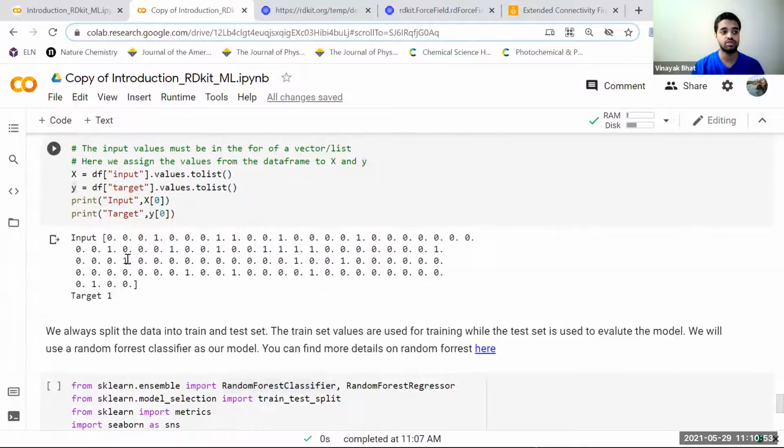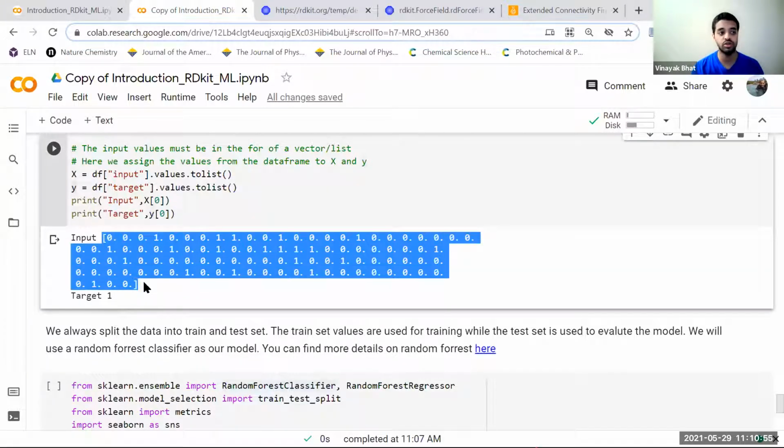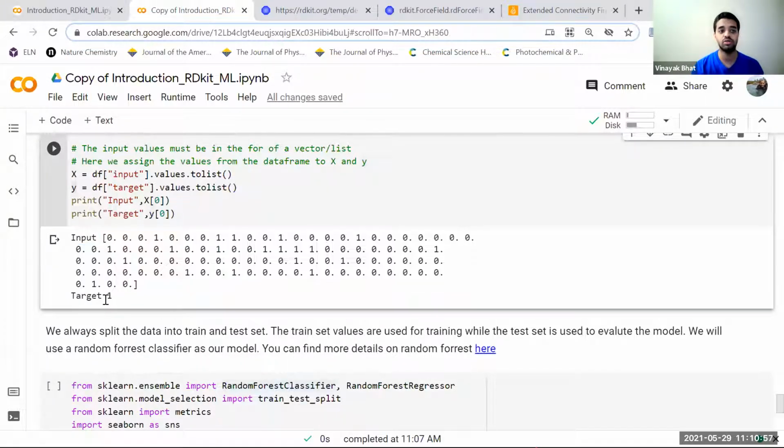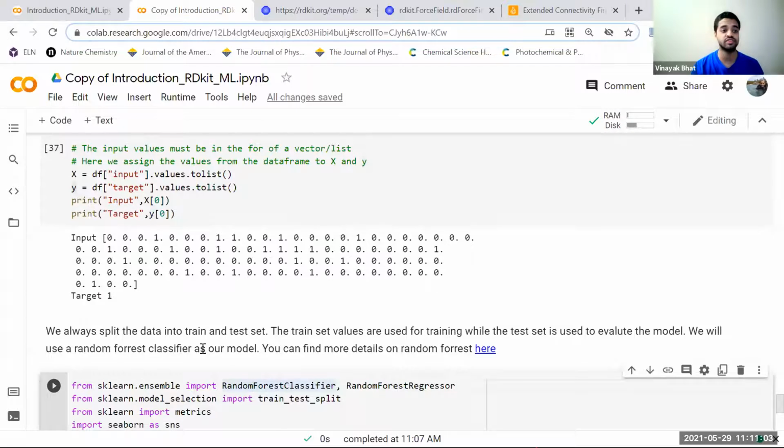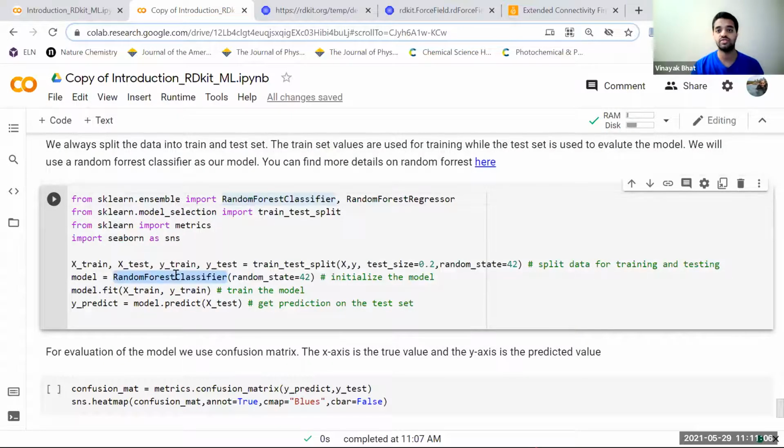So this will be the input and this will be the output. We just have one model which we are trying to train, the random forest classifier, so we are doing classification. We say model is equal to this. This is the initialization step. We can pass in more arguments in here if you look at the documentation for the classifier.